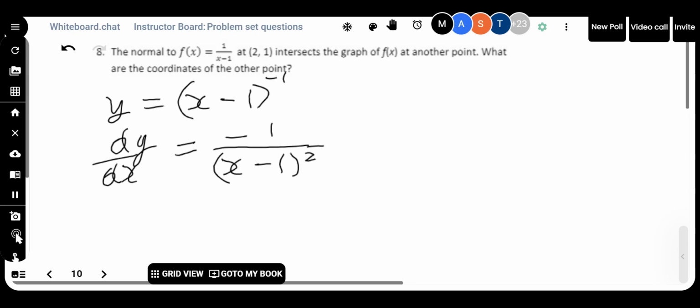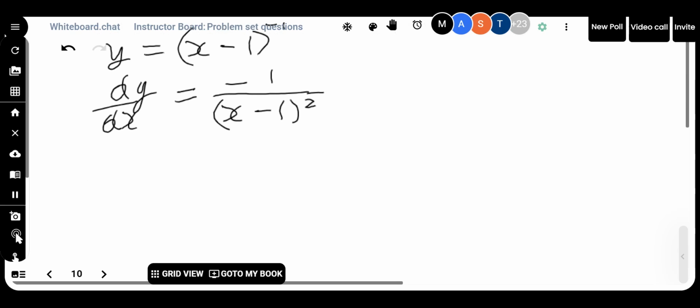And the question says at the normal. So the next thing I need to figure out now is what is the slope of the function at 2? So I'm going to plug 2 into this derivative.